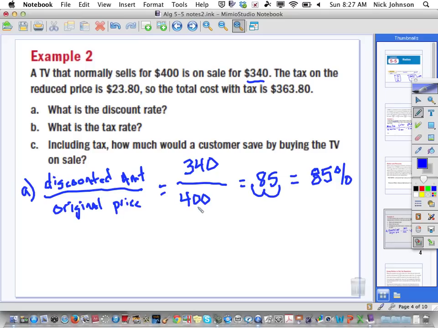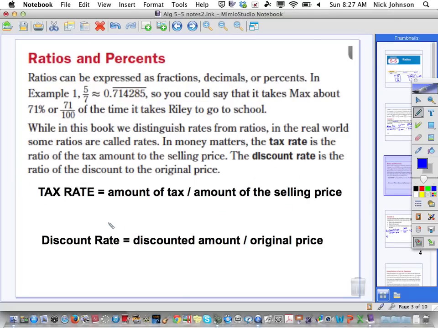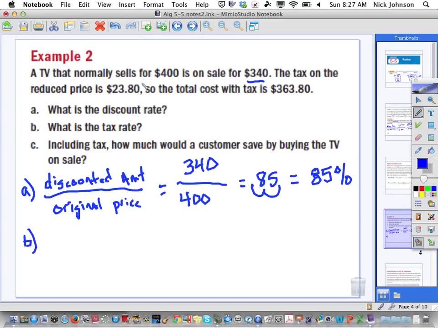Okay? B says, what is the tax rate? Well, if you remember from your notes before, it's the amount of tax divided by the amount of the selling price. In this case, the amount of my tax was $23.80 divided by the selling price. Well, my selling price, since it was discounted, is now $340. It's not $400. If you have something on sale, you only pay the tax on the sale price.